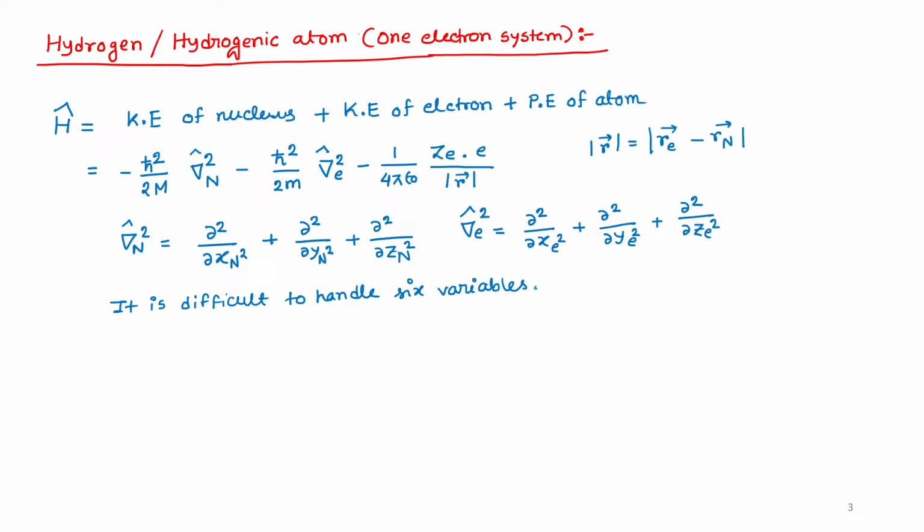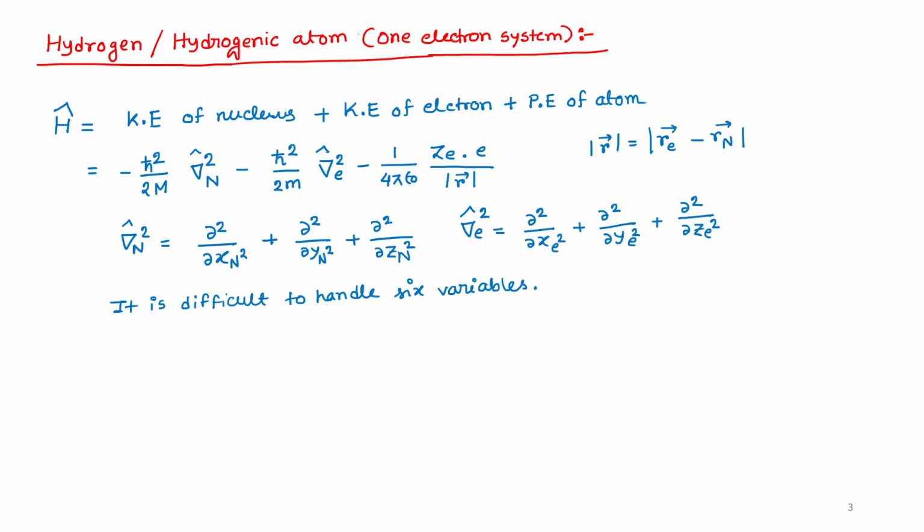So what we will try to do is convert the Hamiltonian into some other coordinate system, instead of the Cartesian coordinate, such that we can get the motion of the entire atom and the motion of the electron relative to the nucleus.